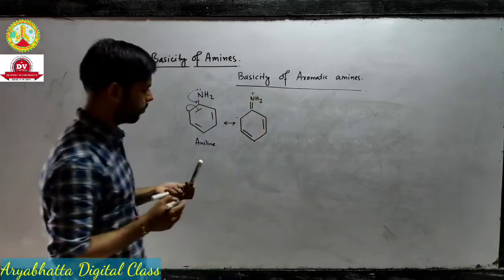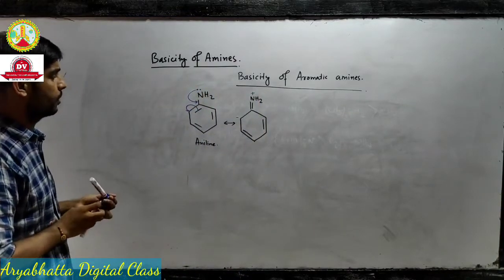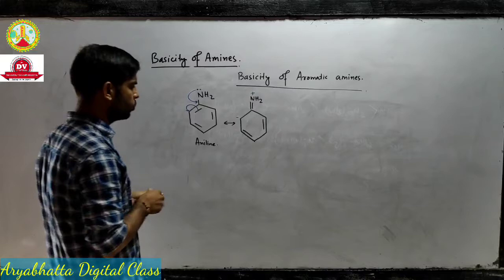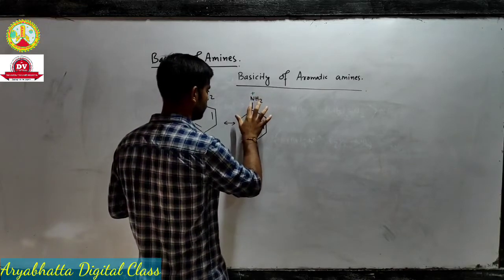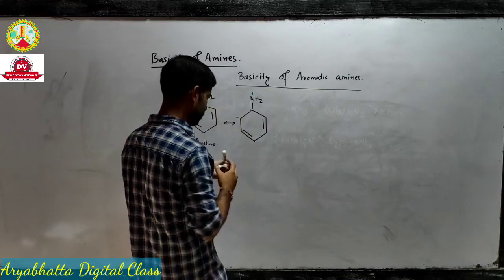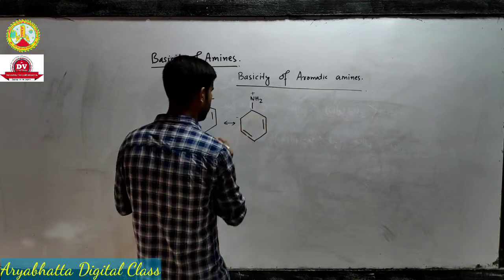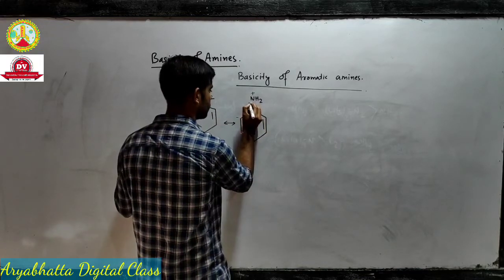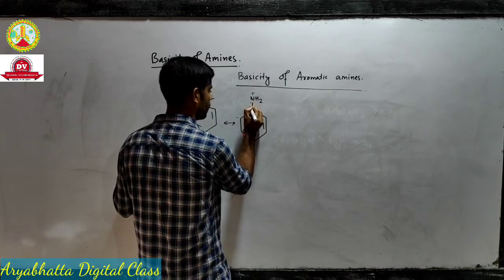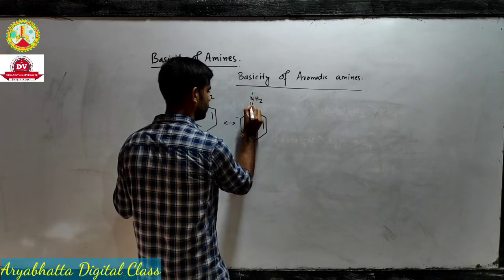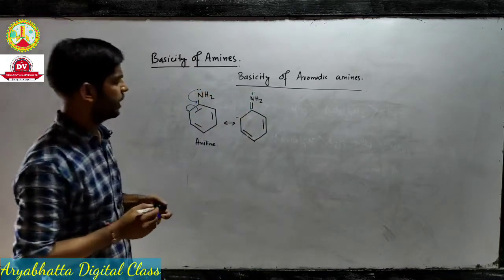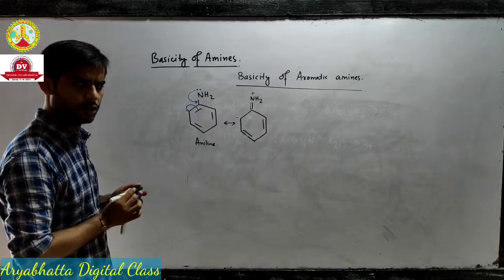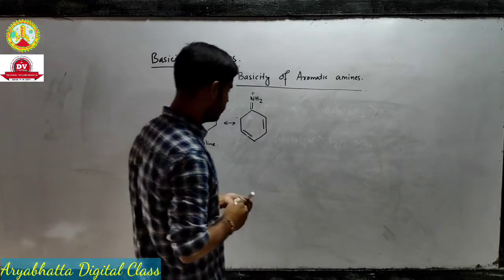And you will get a positive charge on the nitrogen, because nitrogen is losing one electron. How? As soon as this electron jumps here, the bond will be like this. Both the electrons have come from nitrogen actually. So nitrogen loses one electron.